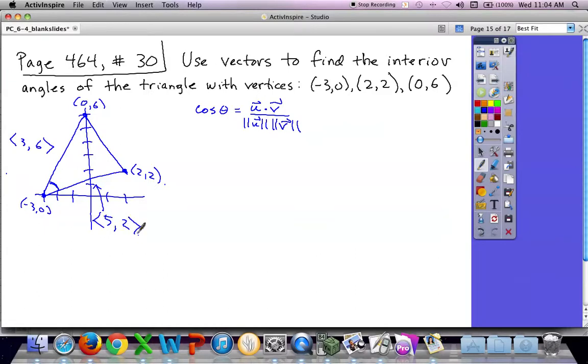So when we're finding this angle, it's going to be <3, 6> dotted with <5, 2> divided by the magnitude of <3, 6> and the magnitude of <5, 2>.